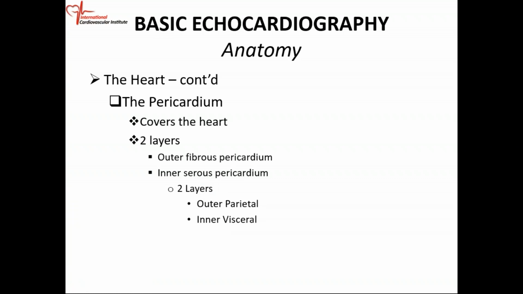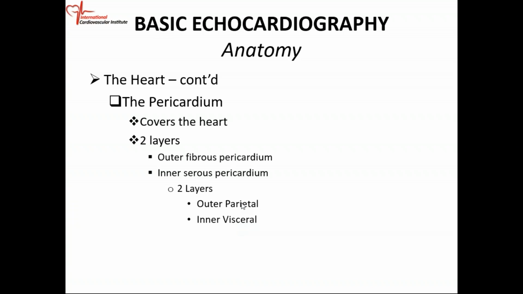Okay, so it's a somewhat complex structure. So remember that. But it covers the heart. The outermost layer is the fibrous pericardium. And then the inner serous pericardium is divided into a parietal and a visceral. The visceral pericardium is actually sort of one with the outer surface of the heart, the epicardium. So when you get fluid formation, it's usually between the visceral pericardium and the parietal pericardium.